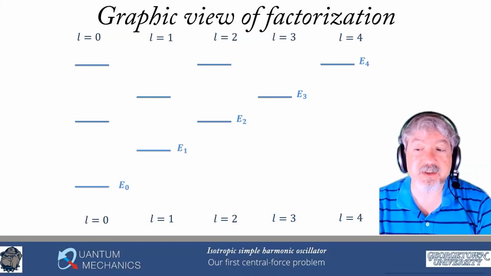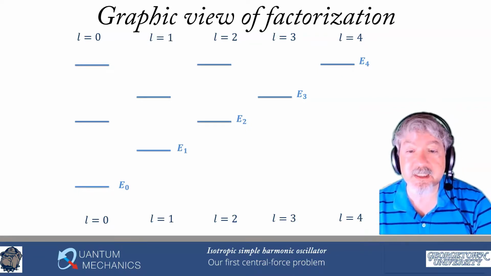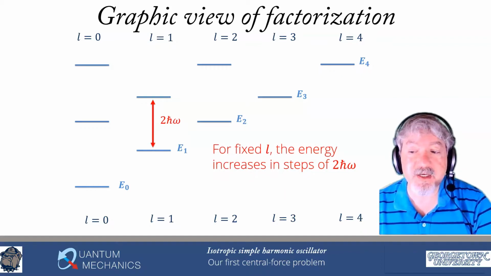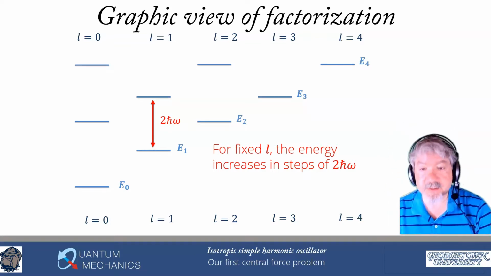And you can see that the degeneracy then skips. It's either all even angular momentum eigenvalues or all odd angular momentum eigenvalues that have these degeneracies. You also can see that in a given angular momentum, the energy shift, the increase in energy from each state, is 2 h bar omega, not h bar omega. And that is also coming from the symmetry.